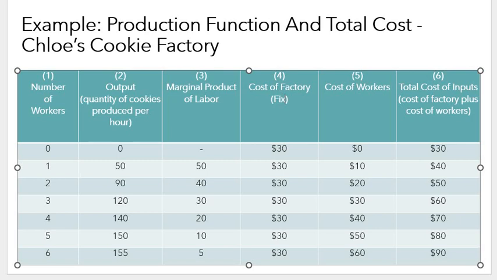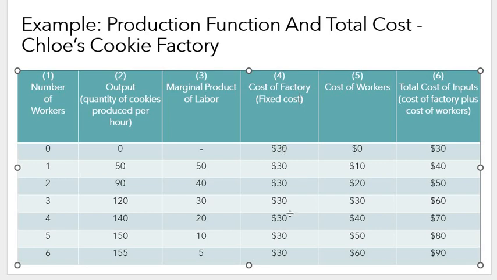Let's just call it fixed cost. To operate this factory, whether you hire 100 workers or 0, you still have to pay $30. Maybe that's the rent for the machine or stand, something like that.